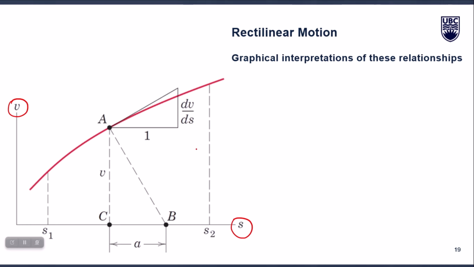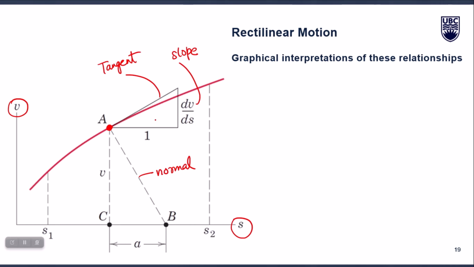Now at any particular value of S, let's represent that particular point A, and this is the tangent point. Perpendicular to the tangent is a line called the normal. So this AB is normal. dV by ds will become the slope, because this is a V versus s relationship.